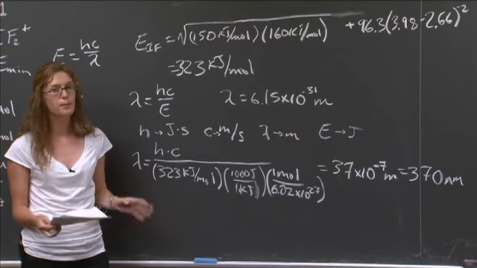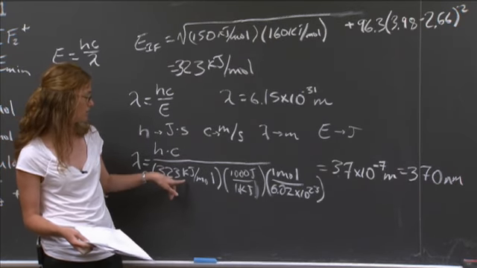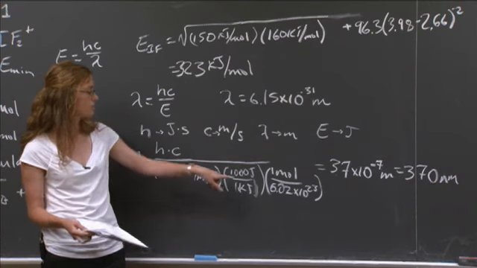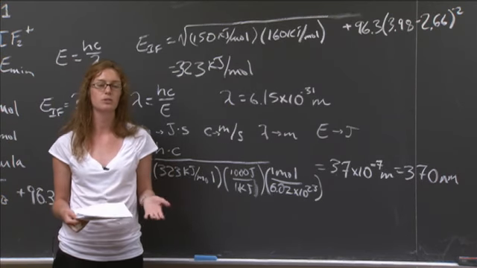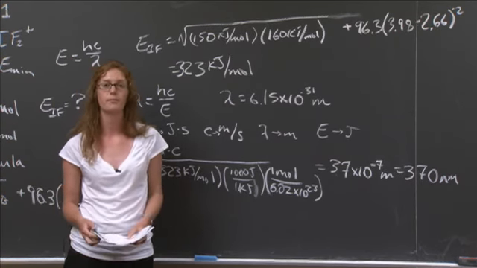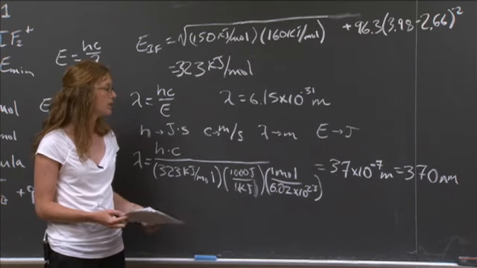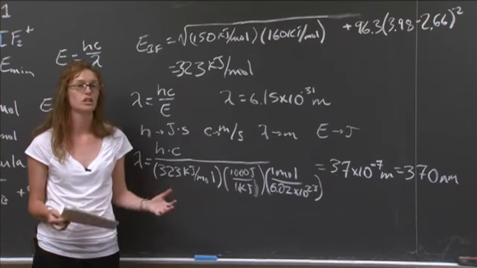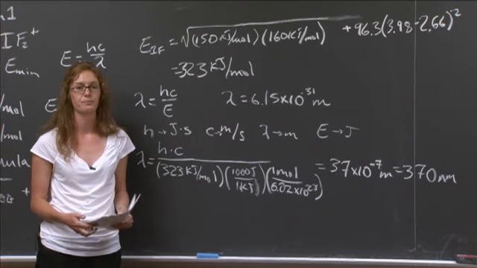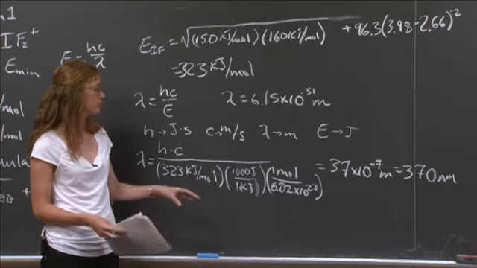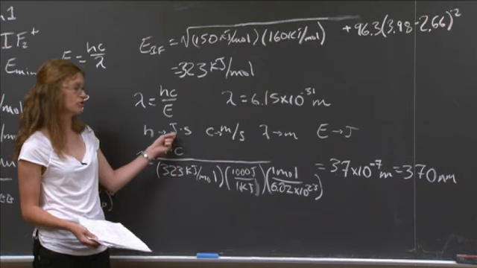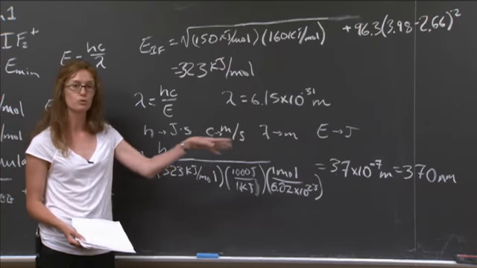The other problem some people had was forgetting to convert from kilojoules to joules. That would still give you a physical answer, but again, I can't stress enough that units must cancel out. So make sure you know that since your Planck's constant is in joules, you want to make sure you have joules on the bottom.